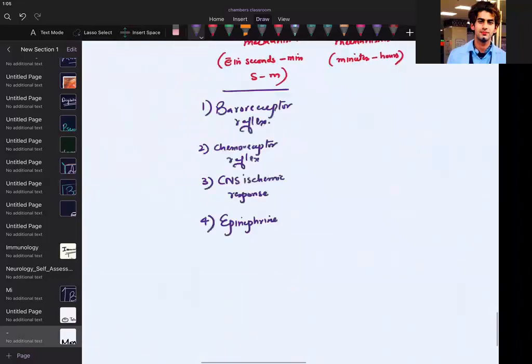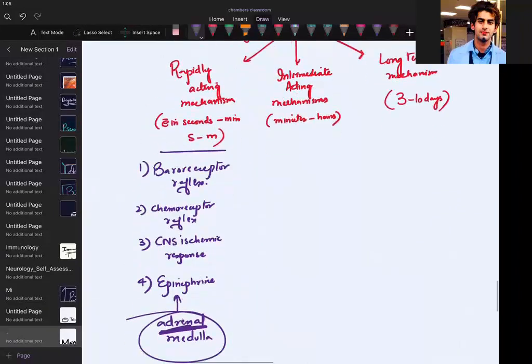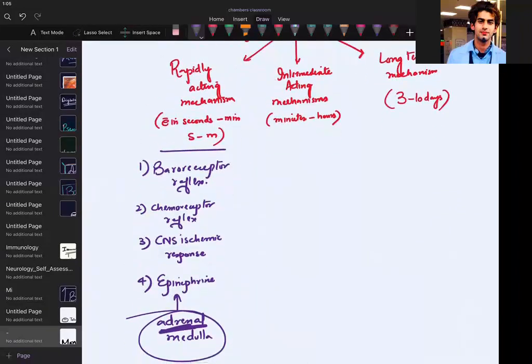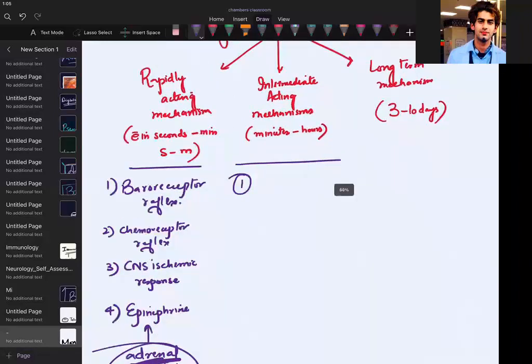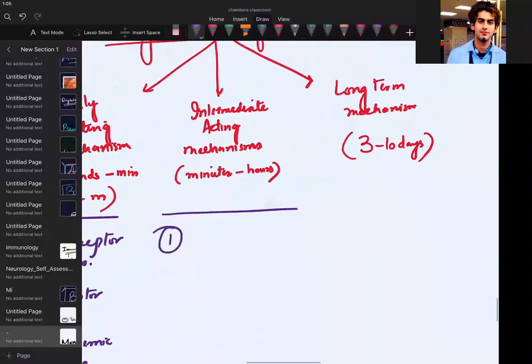Who secretes epinephrine? Adrenal medulla, not brain medulla, please. Adrenal medulla, adrenal gland. Intermediate acting mechanism: this is by number 1.